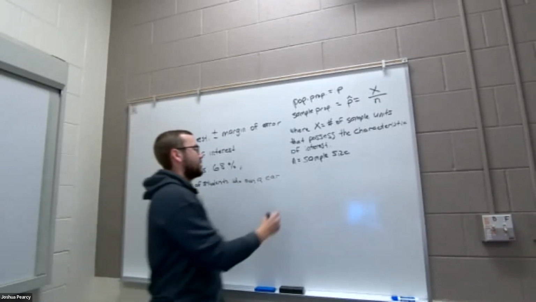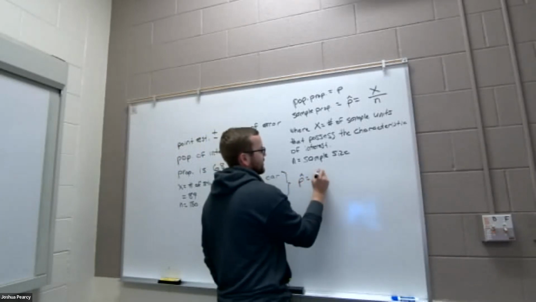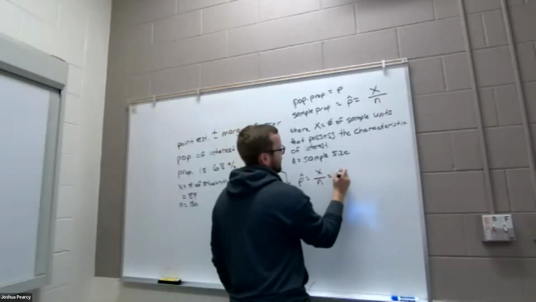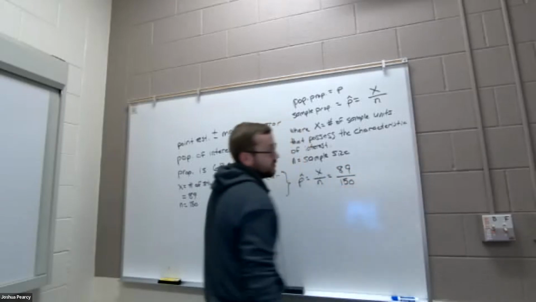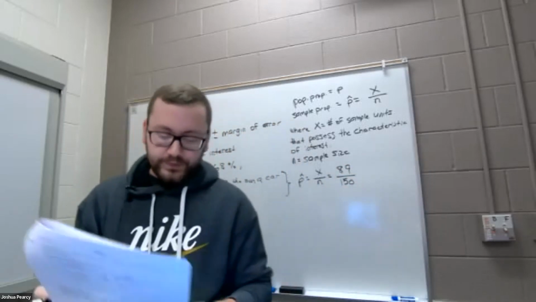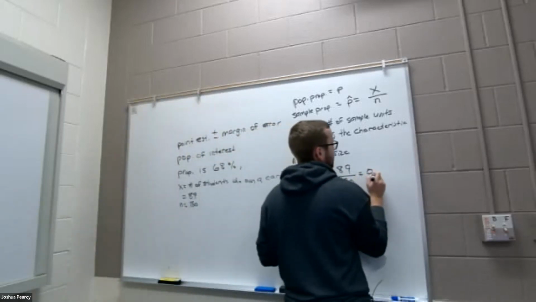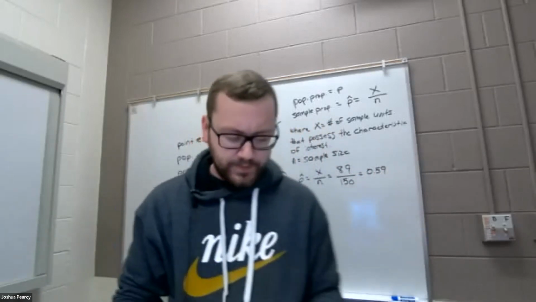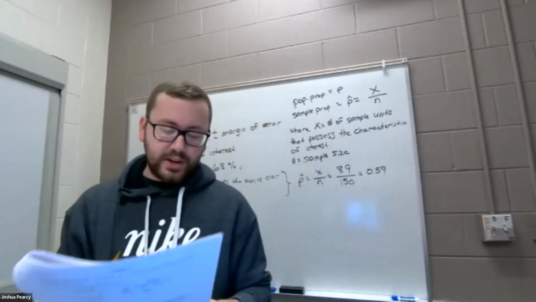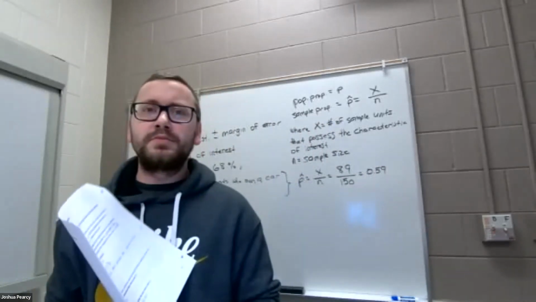Then you can calculate p hat from that by just using x over n, and you get 89 divided by 150. And if you want that as a decimal, it's 0.59. Then we can also define the sample proportion of students who don't own a car by what?